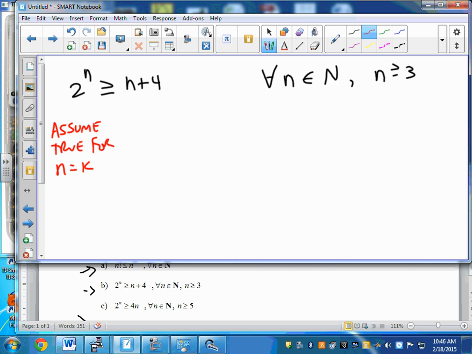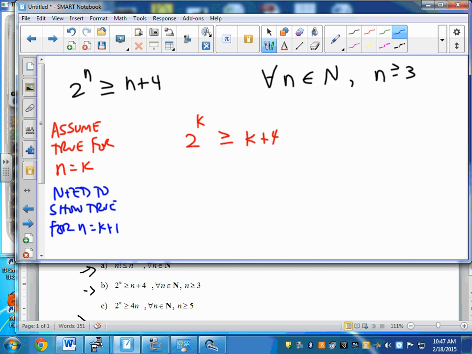And in this proof, what that means is 2 to the k is going to be assumed to be greater than or equal to k plus 4. What do we need to show? We need to show true for n is equal to k plus 1. For this proof, that means we need to show that 2 to the k plus 1 is bigger than or equal to k plus 1 plus 4.